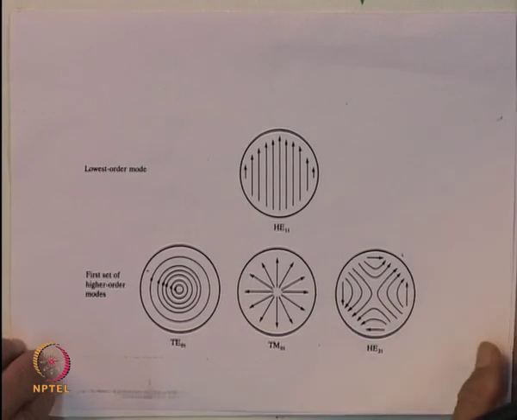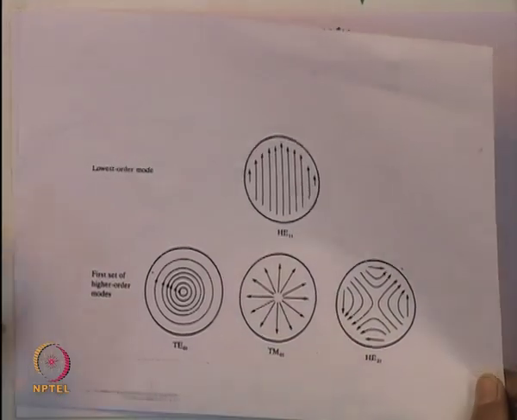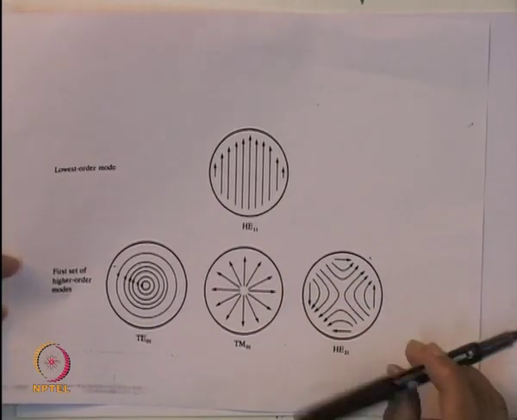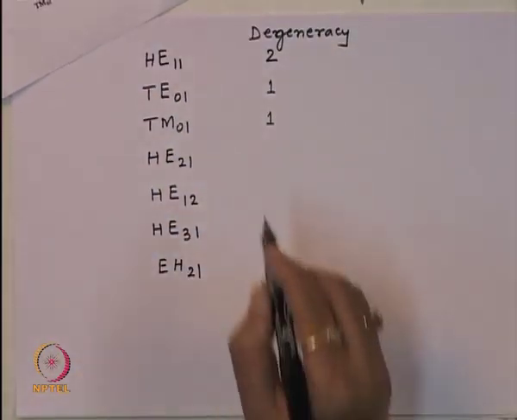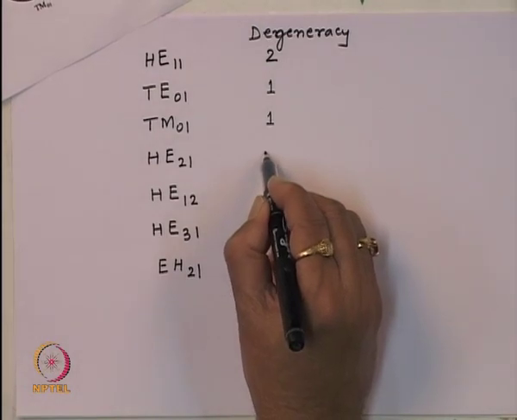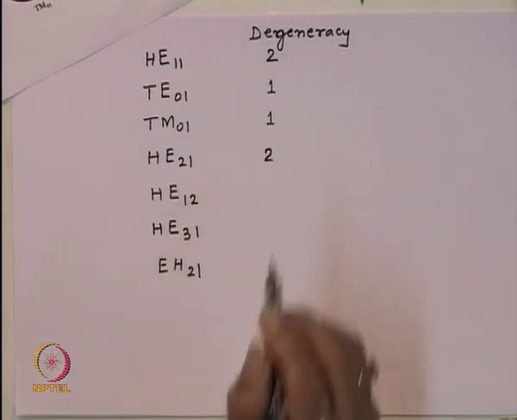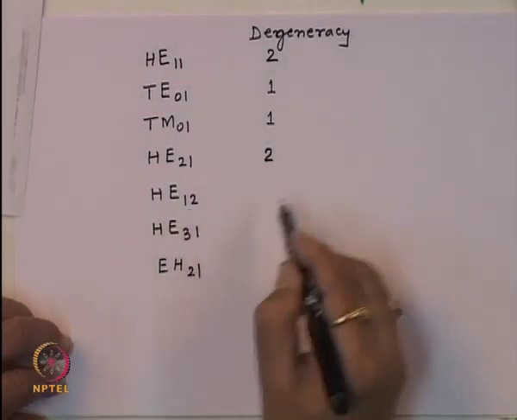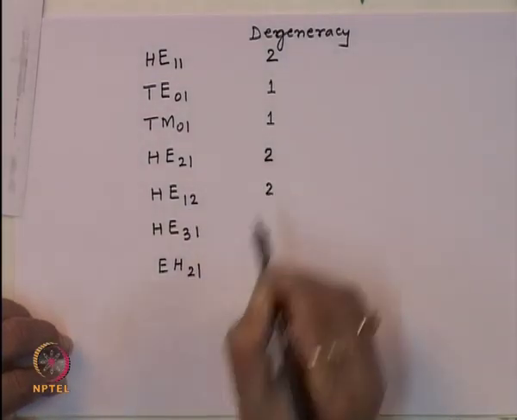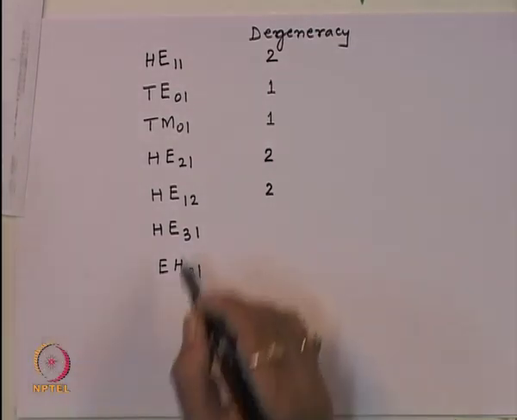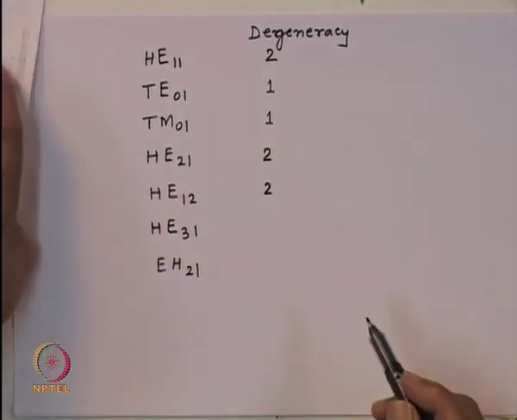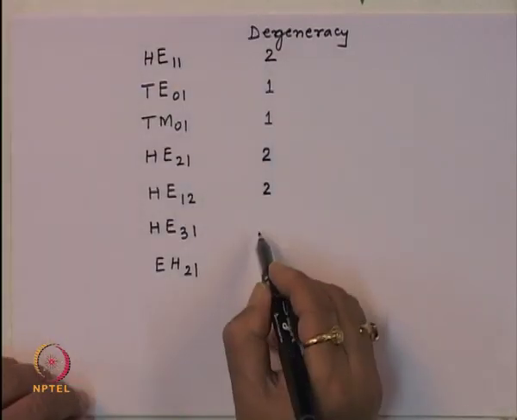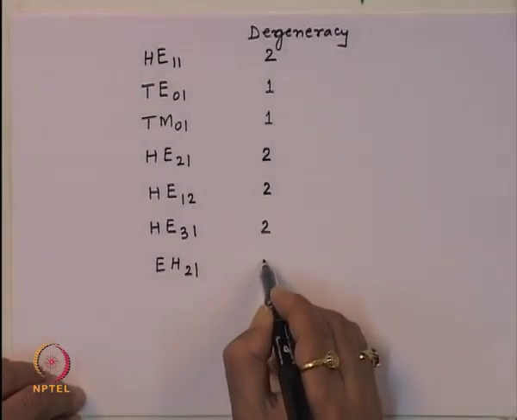So, I will get a degeneracy corresponding to this mode, which is a factor of 2. Similarly, you will get a factor of 2 degeneracy for this, and all these things which are going to have the variation similar to these ones, you will get degeneracy which is a factor of 2.